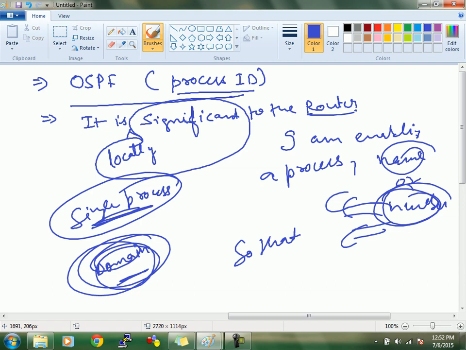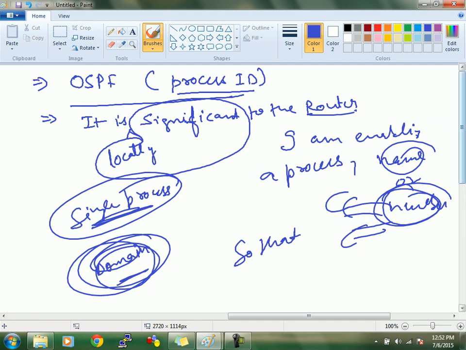We will discuss it. What I am trying to say is, there is nothing like AS. There is process ID, which was not present in EIGRP. And if you want to know the truth, EIGRP uses its own AS number as a process ID. You can enable multiple EIGRP processes or multiple EIGRP AS on a single router.